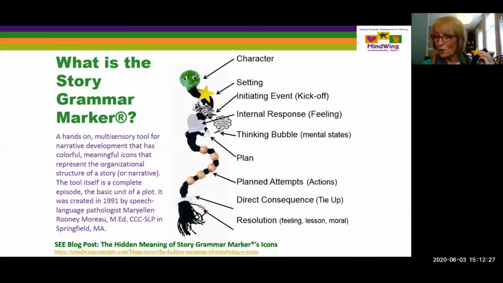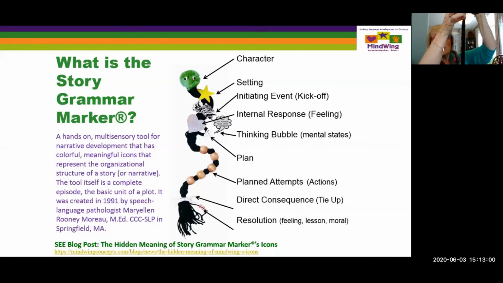The thought bubble, which is the mental state that the character has in response to a feeling, or the feeling is in response to a thought. The plan, which is a hand, represents what the character wants to do, the goal. The beads represent the steps of what the character is going to do first, and they come down towards something called a consequence, a direct consequence.